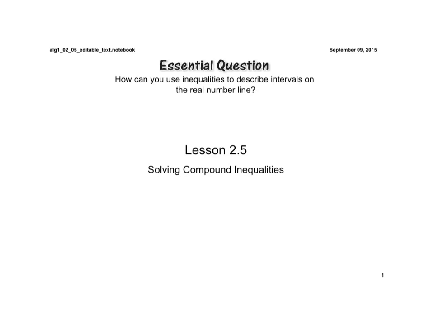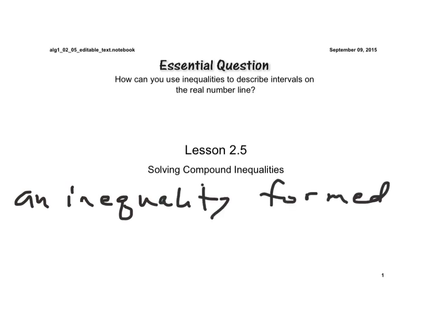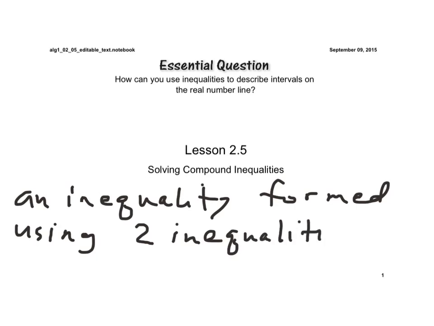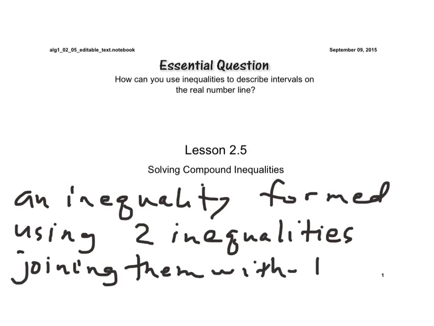Well, a compound inequality is an inequality formed using two inequalities joining them with the word and or the word or.